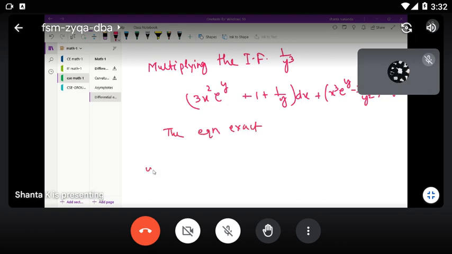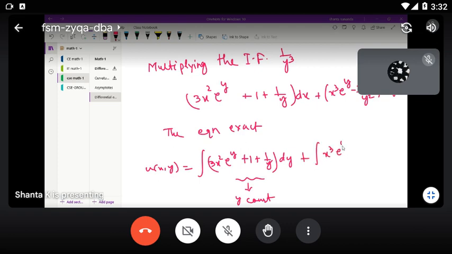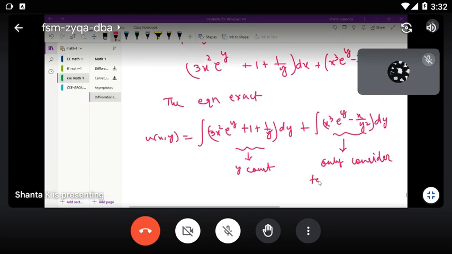You check yourself. Then you can try, the solution of this one will be the integral of (3x²e^y plus 1 plus 1 by y) dx, so here we treat y as constant. In the next term, we have x³e^y minus x by y² dy. Here we only consider terms not containing x, or independent of x.